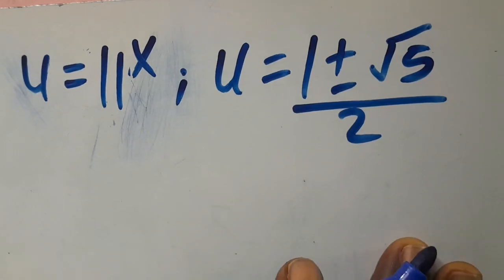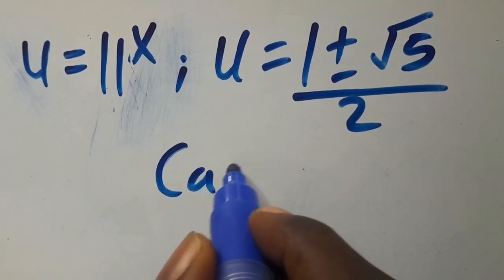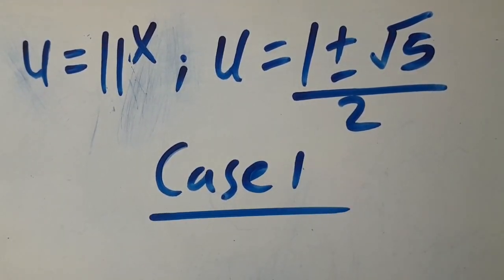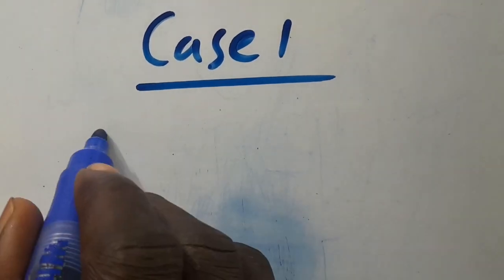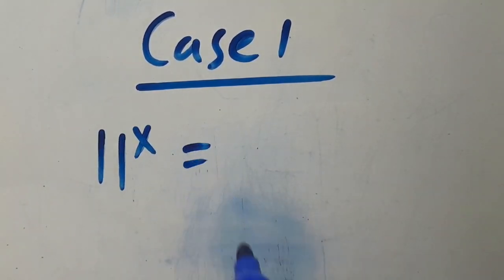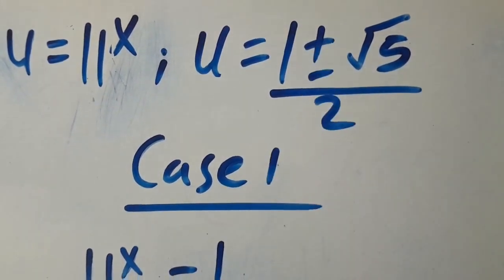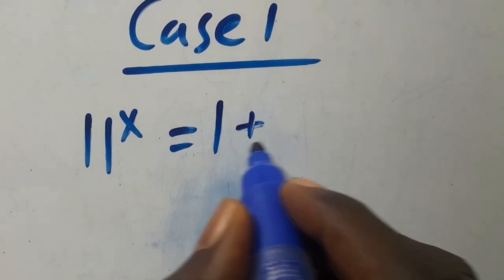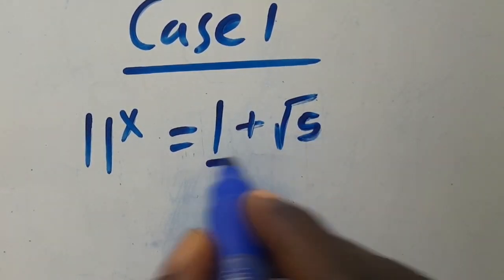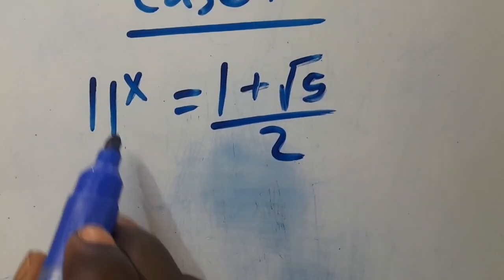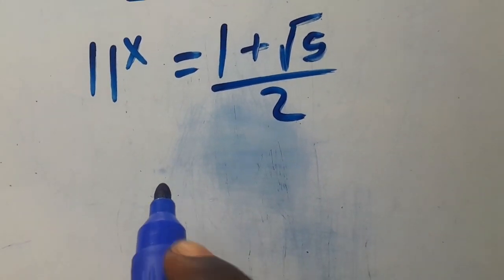Then let's say case 1. For case 1, when we have 11 to the power of x equals 1, then let's go along with plus, plus root 5 divided by 2. Now to get the value of x from here, let's introduce log to both sides.